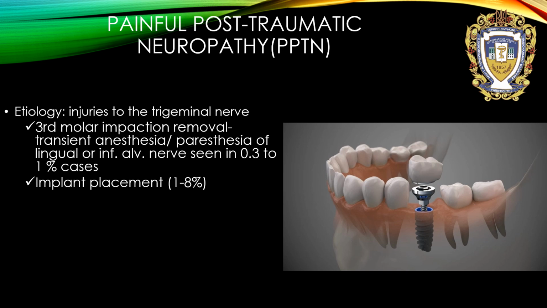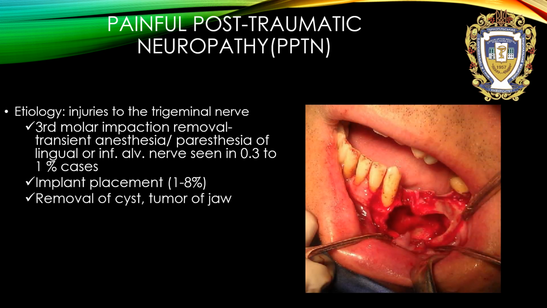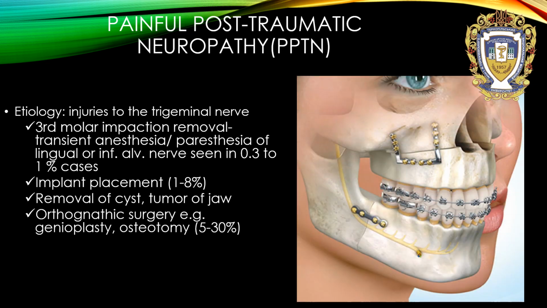Implant placement, 1 to 8%. Removal of cyst, tumor of the jaw. Orthognathic surgery, for example genioplasty, osteotomy, 5 to 30%.